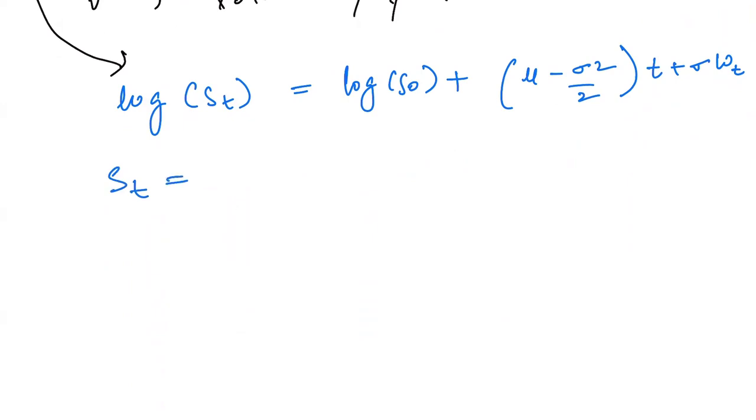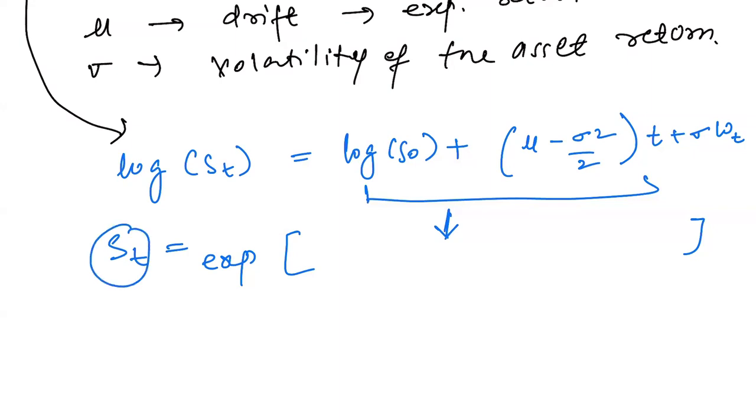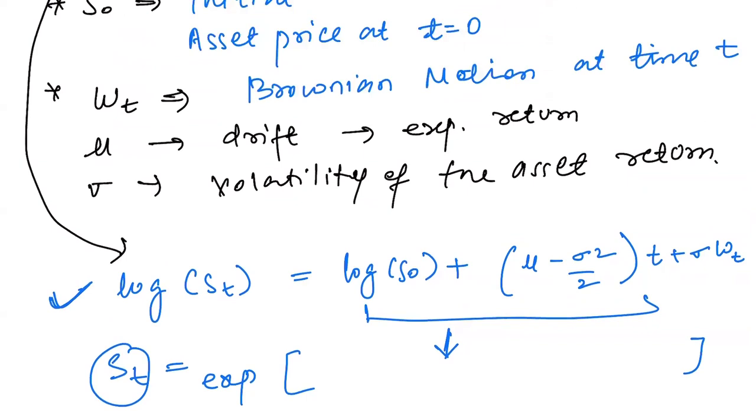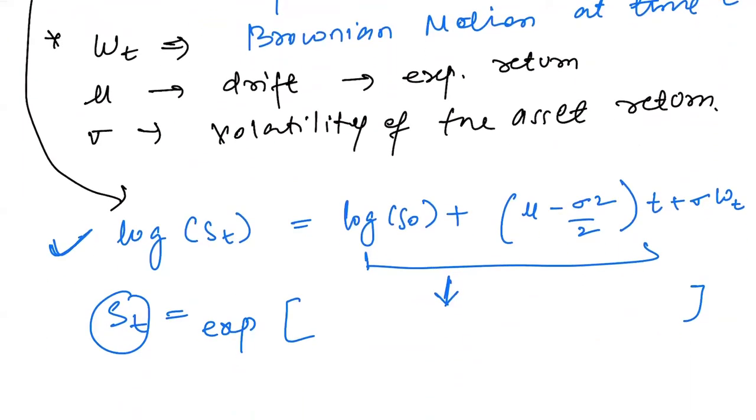What they do is they take the exponential on both sides. When you take exponential, log will get cancelled, so you will get the value of S_T, which is the stock price. It's just the way you want to write it. Whatever way you are comfortable in, you can use it. It's just how easy you feel about writing it.